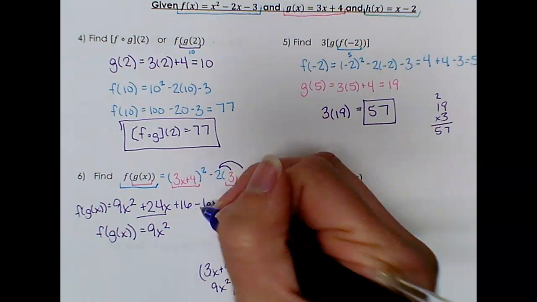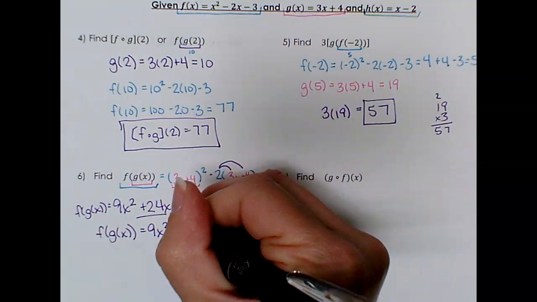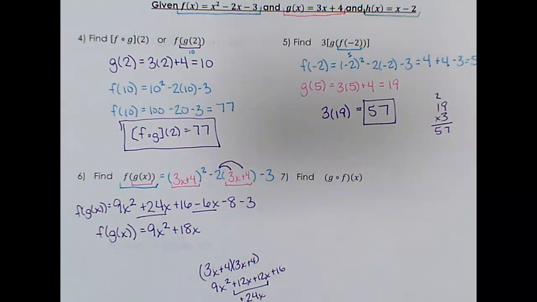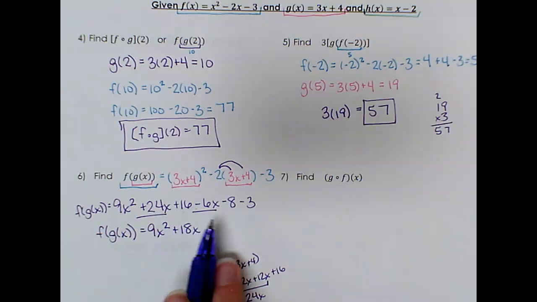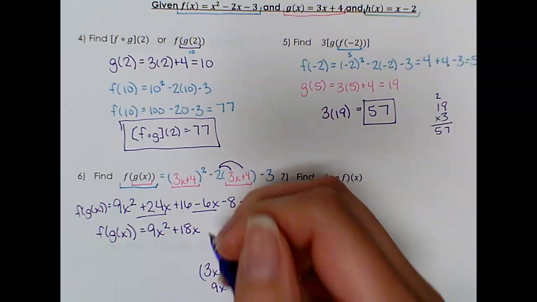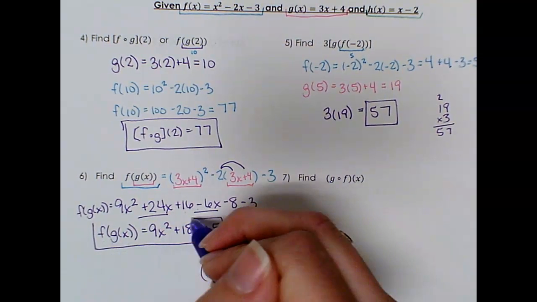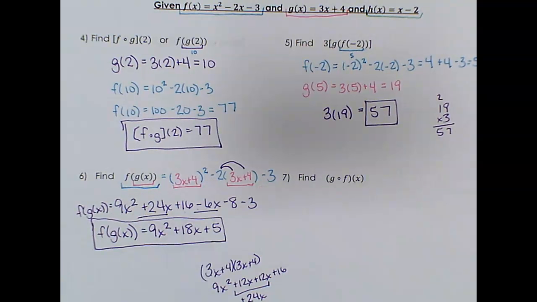I have 24x and minus 6x, so 24x's minus 6x's is 18x's. Then I have 16 minus 8, which is 8, minus 3 more, which is 5. So f of g of x is 9x squared plus 18x plus 5. Keep in mind that if x is in your problem, x will also be in your answer.